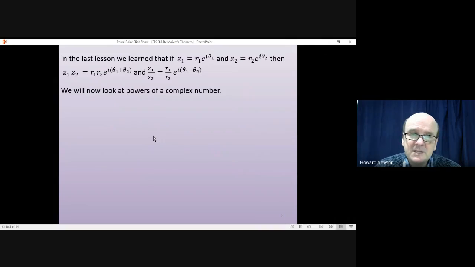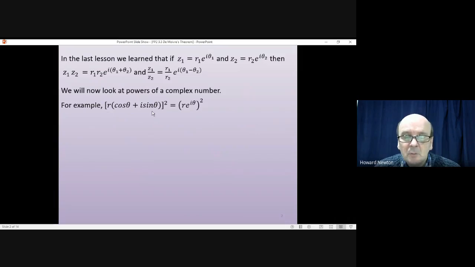So for example, let's say the power was 2. And r(cos theta plus i sin theta) is just the standard complex number. If that was squared, in modulus argument form, it's the same thing as (re^(i theta)) squared if I write the complex number in exponential form, which is equal to re^(i theta) times re^(i theta). I can just use the normal index laws at this point.